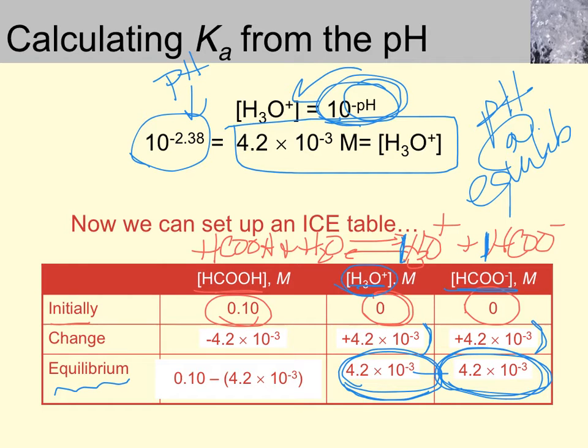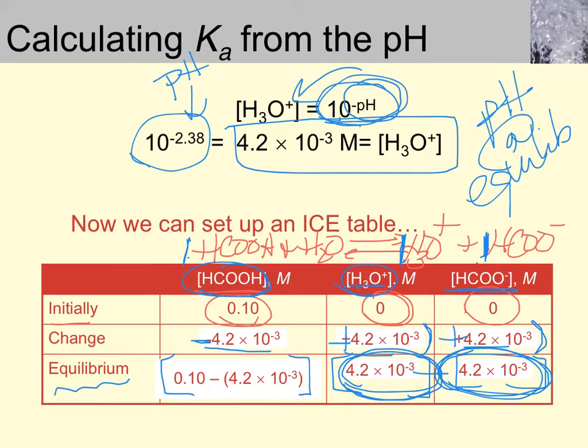And then, of course, since all of these species are 1-to-1-to-1 stoichiometry, all of the changes are the same. Of course, the original intact acid is decreasing in concentration, so that's a minus, and the products are increasing in concentration. So now we can plug these equilibrium values back into the expression for Ka.